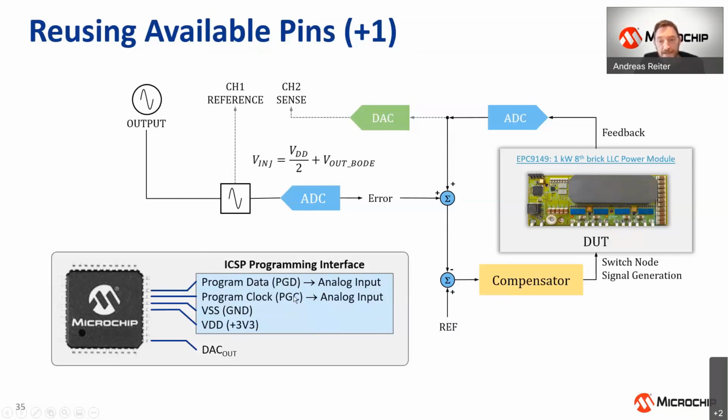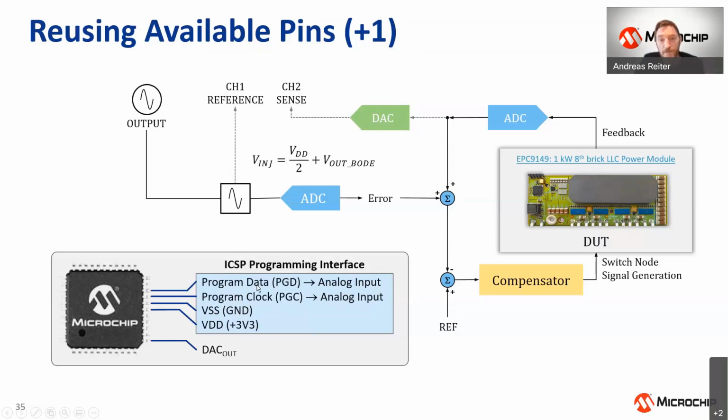And these two pins on purpose also happen to be analog inputs, so that you can use them to stimulate the software with analog signals, but they're also digital IOs, which can be used to route specific signals from the chip onto these pins. So this is really a service interface.